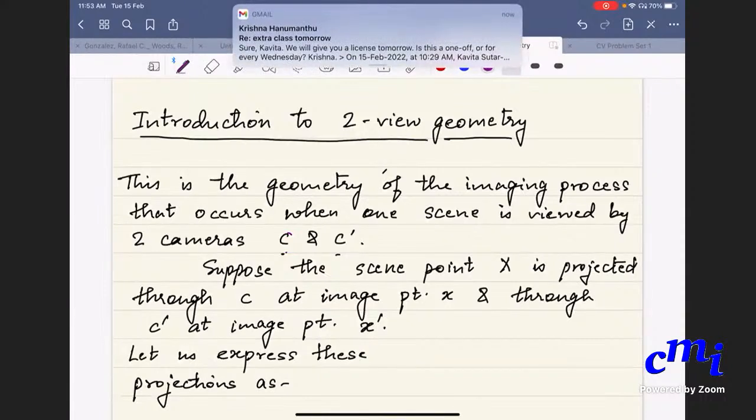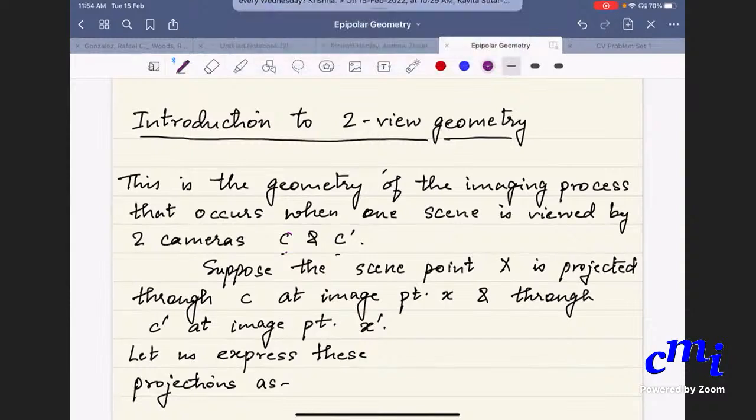We will always assume that the camera is placed at the camera center, which is why we can use the notation C. So C and C prime are my two cameras. The point X is projected through the first camera at the point small x and through the second camera at the point small x prime.